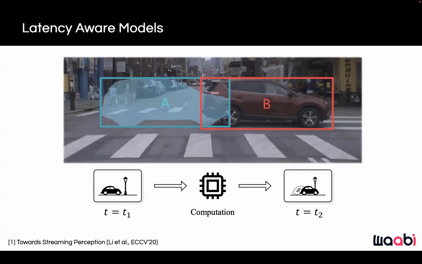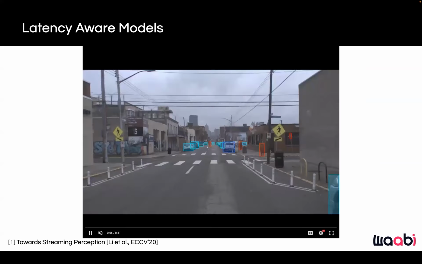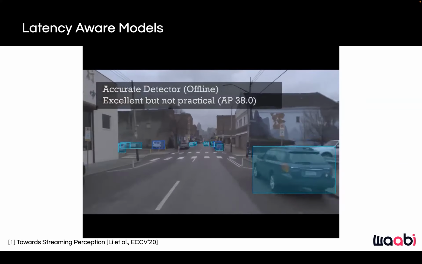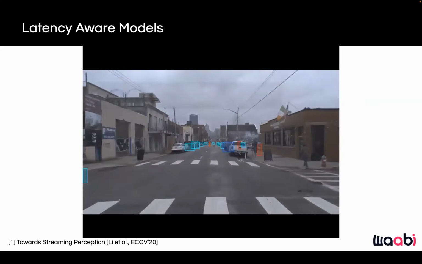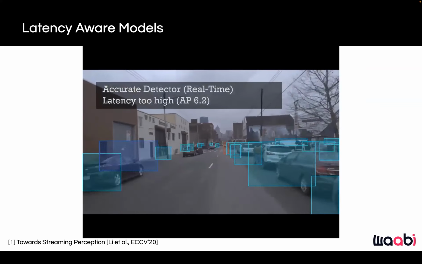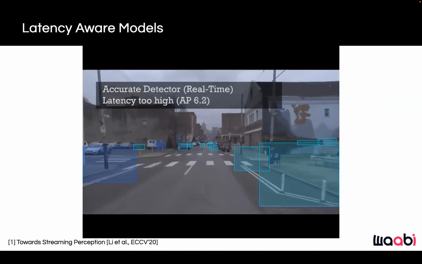Once we get the results, our vehicle has already moved to another place. This video shows the effect of latency in real-world systems. While the model produces accurate outputs for each image, the time it takes to do so introduces latency. And by the time these outputs are ready, they no longer represent the real state of the world.